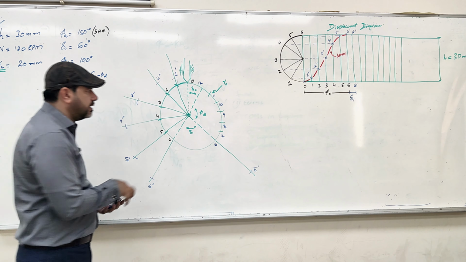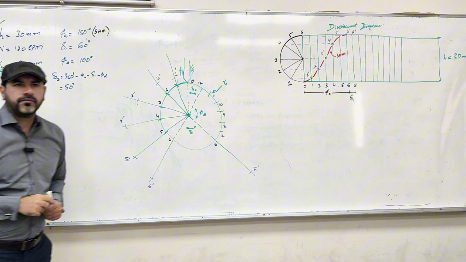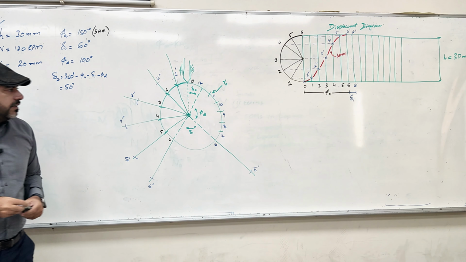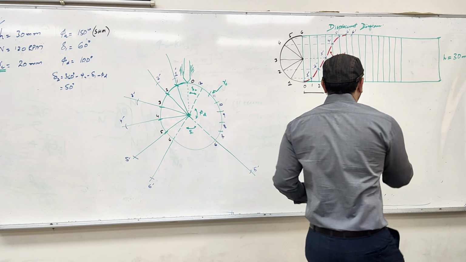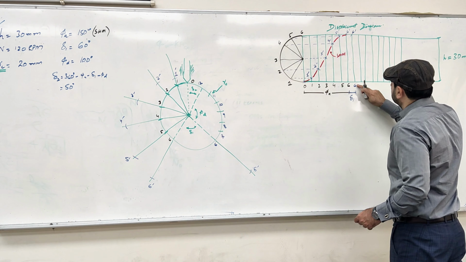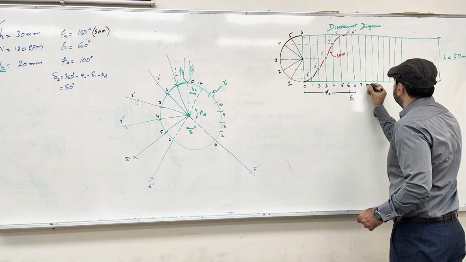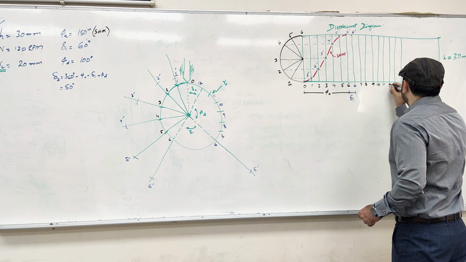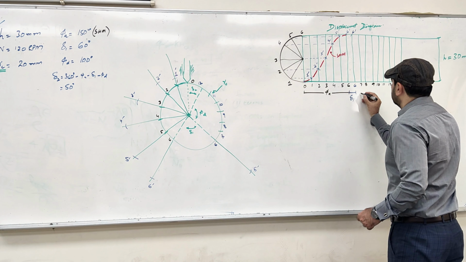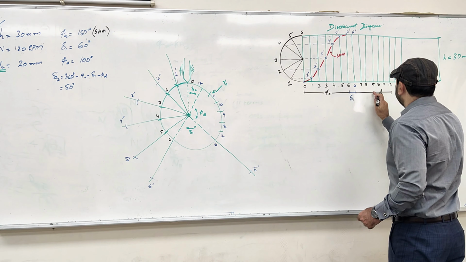Because we did 6 divisions, 1, 2, 3, 4, 5, 6 divisions, we'll do the same 6 divisions over here. That one is the 6 point. 7, 8, 9, 10, 11, 12. So from 6 to here, we have the same divisions.